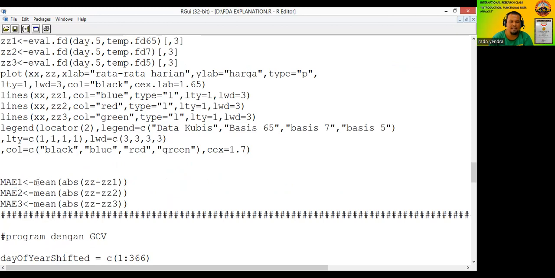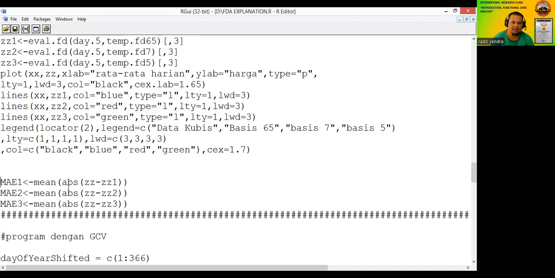MAE1 is the mean absolute error, and MAE2 is the mean absolute error for the real data minus the data that we produce by the Fourier series with basis 7, and then MAE3 for the Fourier series with basis 5. The smallest one we say is the best basis for the smooth graph.